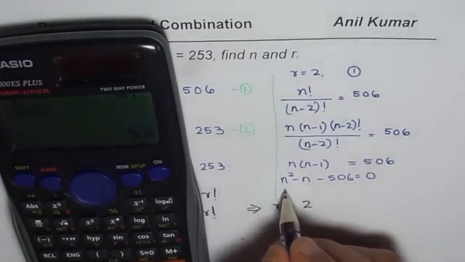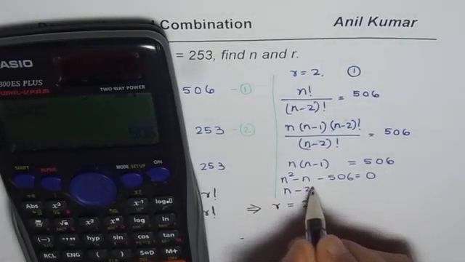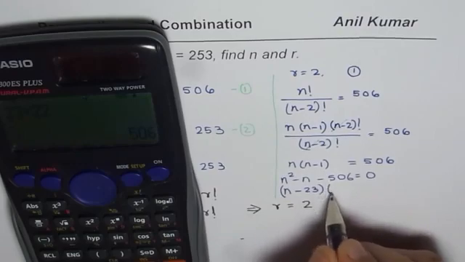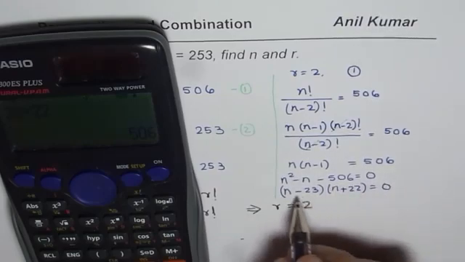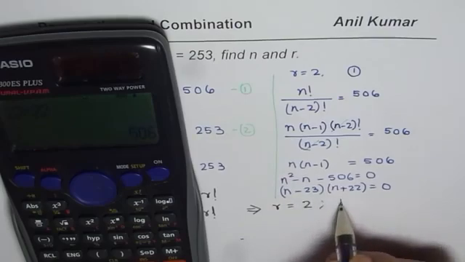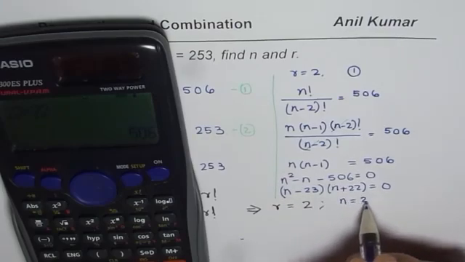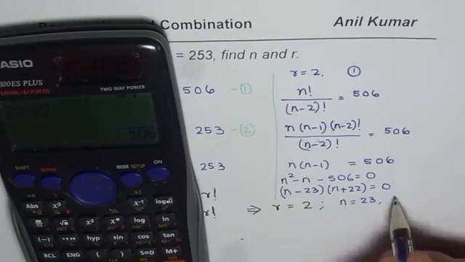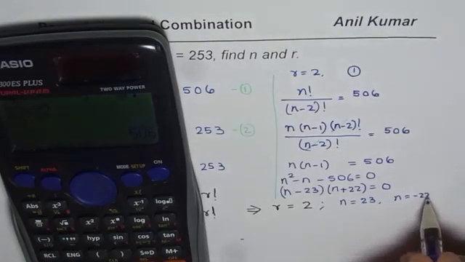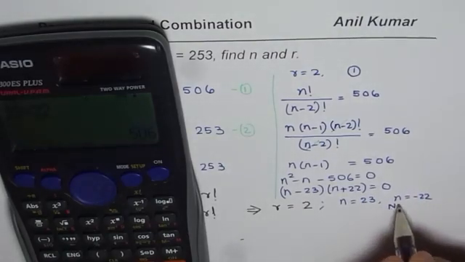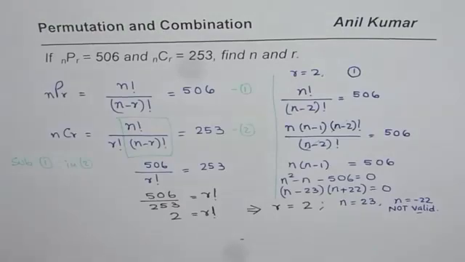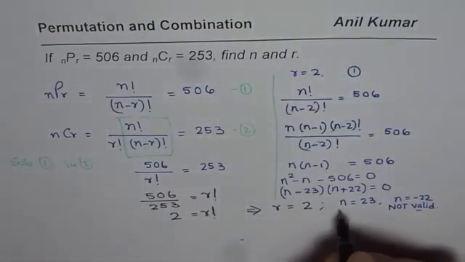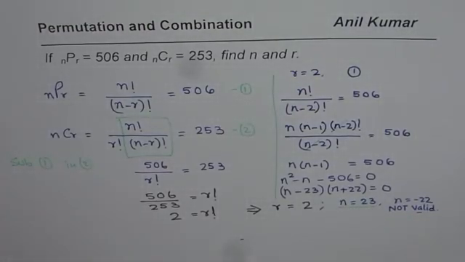So we could write this as (n minus 23) times (n plus 22) equals 0, and that gives you the answer as n equals 23. Well, n equals minus 22 is not valid, since n cannot be a negative number, correct? And so we get our answer as n equals 23.